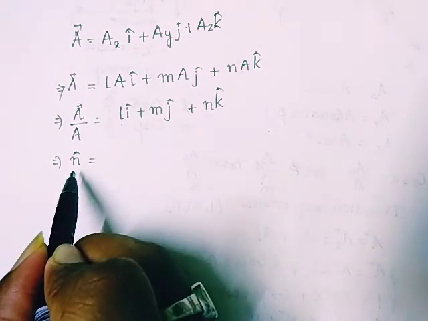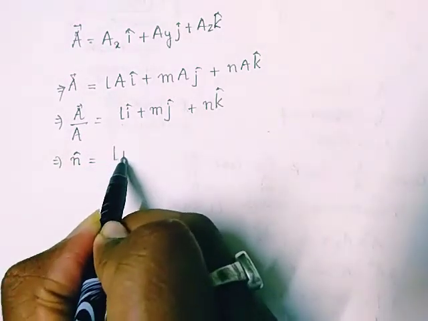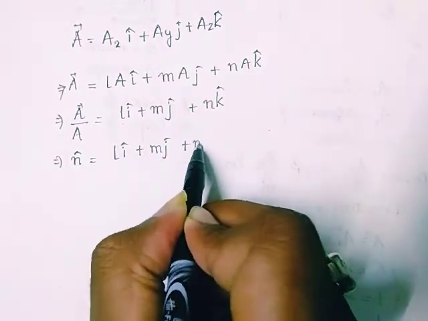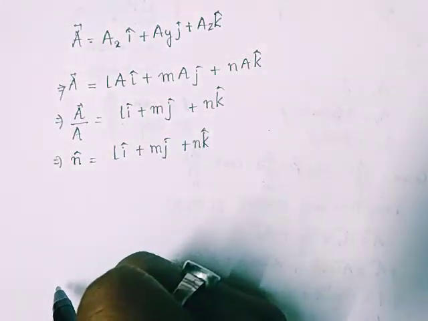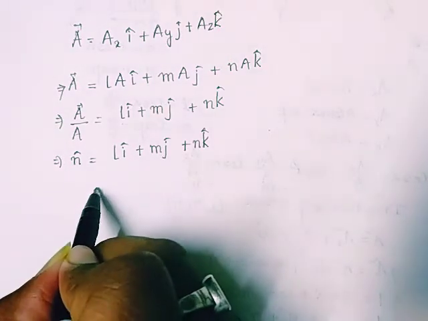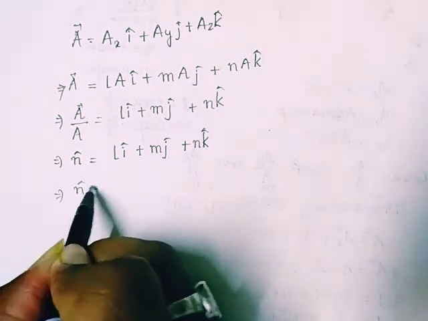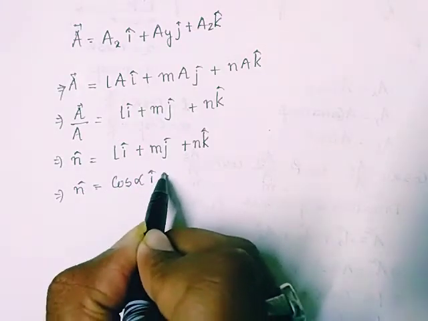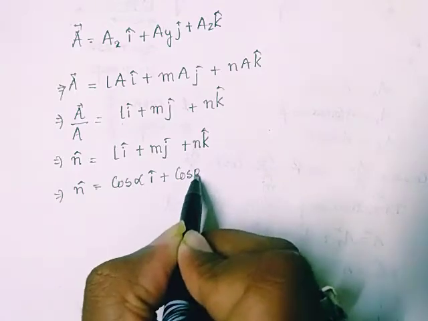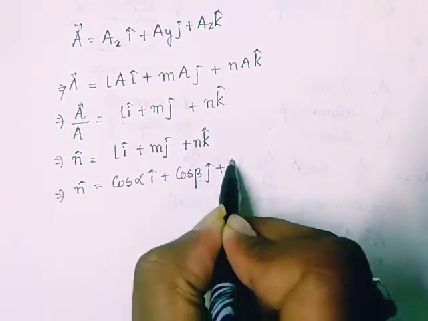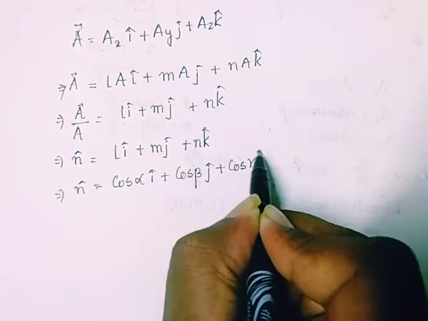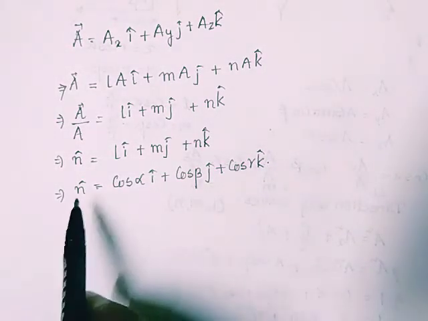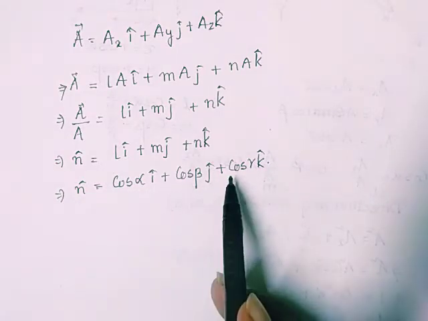N cap is the unit vector of a. So it will be l i cap plus m j cap plus n k cap. Next, if I want to write it in terms of the angles, it is cos alpha i cap plus cos beta j cap plus cos gamma k cap. So this is the relation between the unit vector and the direction cosines.